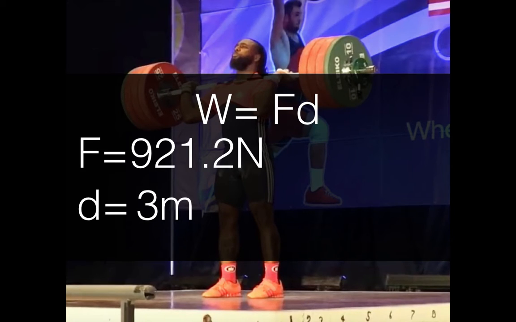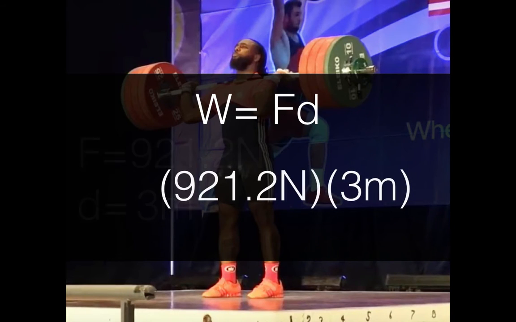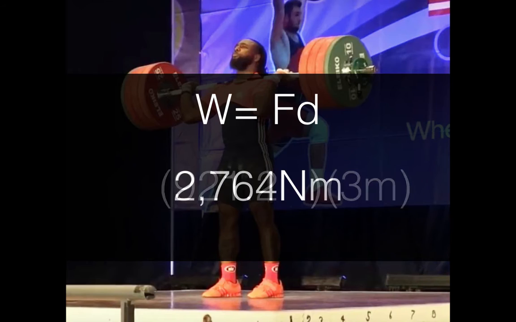So now that we have a force, and our force was applied in the exact same direction that our distance changed, we multiply our two terms together, and we end up finding that 2,764 newtons per meter, or newton meters, of work was done.